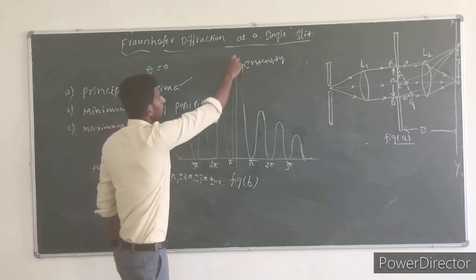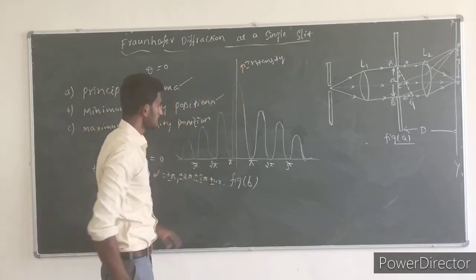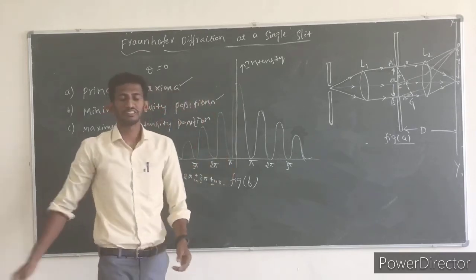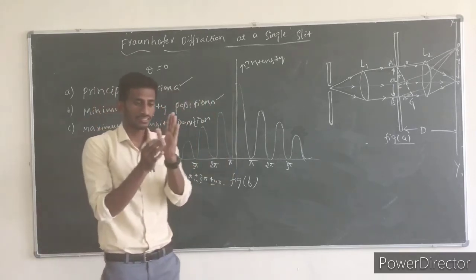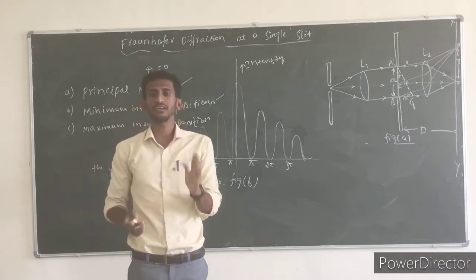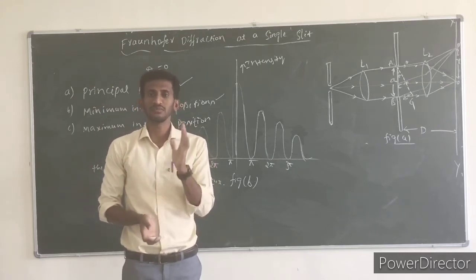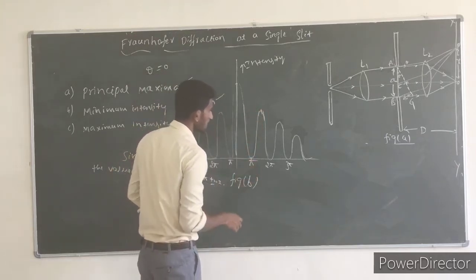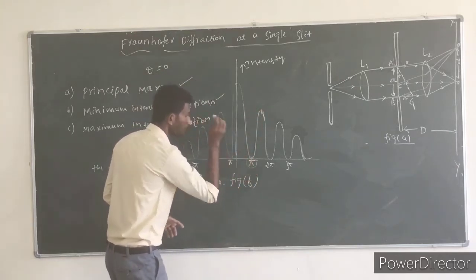Here I am plotting the intensity. So this is my central maximum or principal maximum, and on either side of that central maximum we are getting secondary maximum and minimum. See, so this is secondary maximum, so this is secondary minimum. At this position pi.